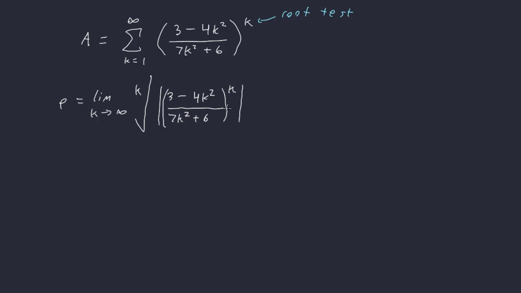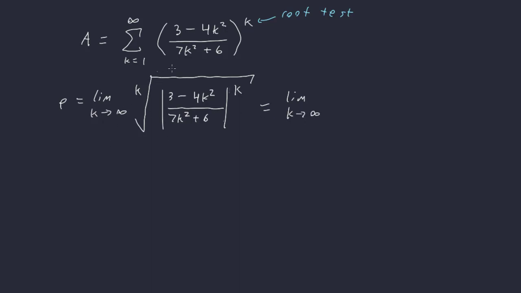And actually, we can simplify our notation a little bit here, and we can always move powers outside of an absolute value. So let me do that. Say that it's that to the k. So this will be the limit as k goes to infinity.